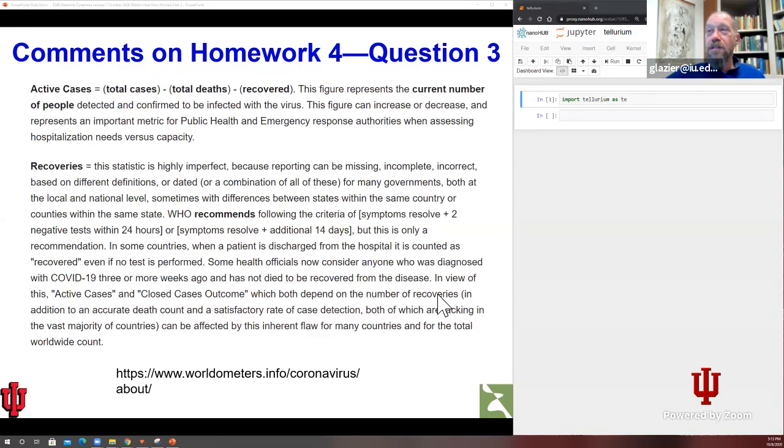And so if you notice, WHO recommends the following criteria: symptoms resolve, that's okay. That means that somebody actually observed that you got better, plus 2 negative tests, that's great. But most people never are tested that way. Symptoms resolve plus 14 additional days, which means we're prejudging how long the recovery is going to take.